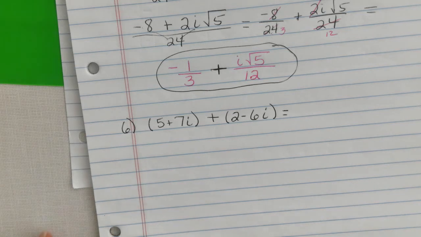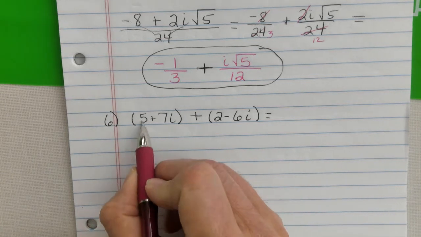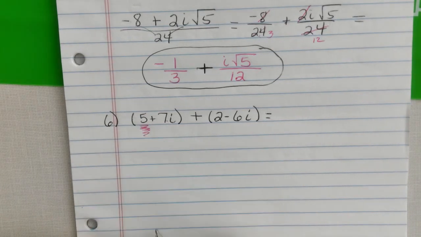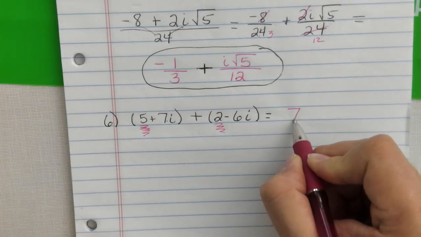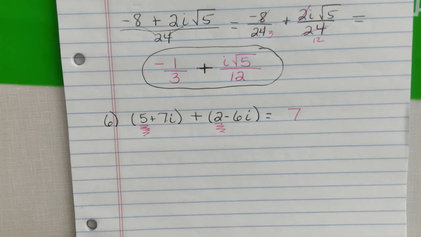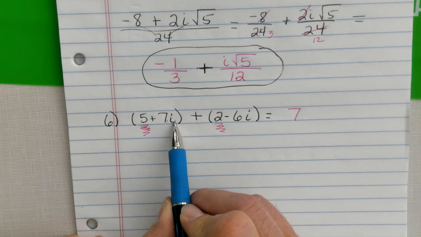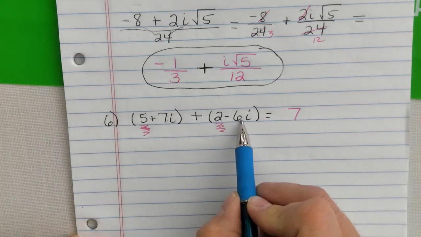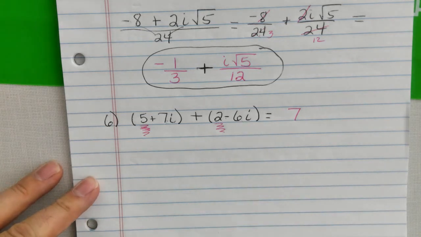In order to add complex numbers, you just combine the like terms. Like, I can't add the 5 and the 7, but what could I combine this 5 with? Yeah, 5 plus 2 is 7. Now, what can I combine this 7i with? Yeah, 7i plus a negative 6i, 7 minus 6. That would just be a 1.